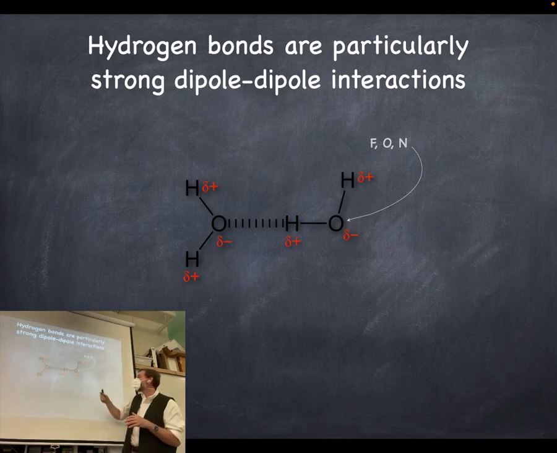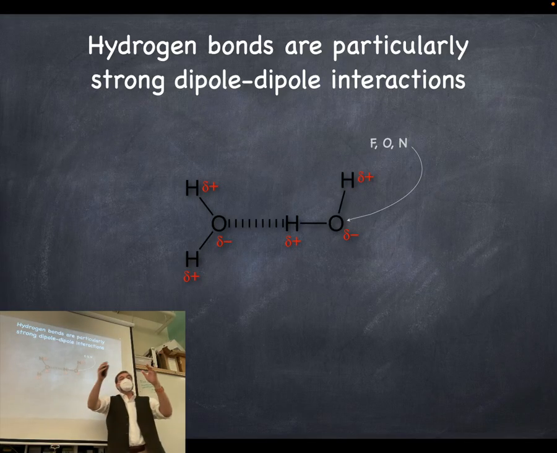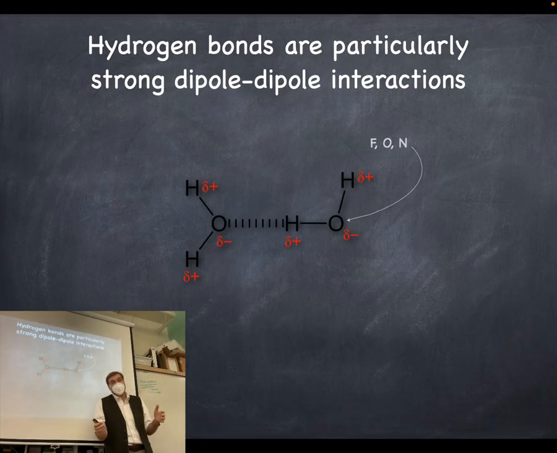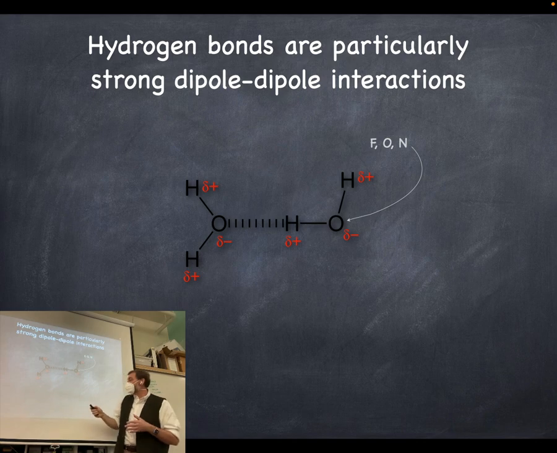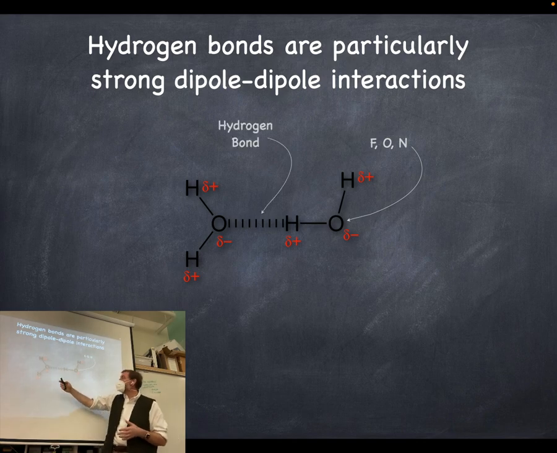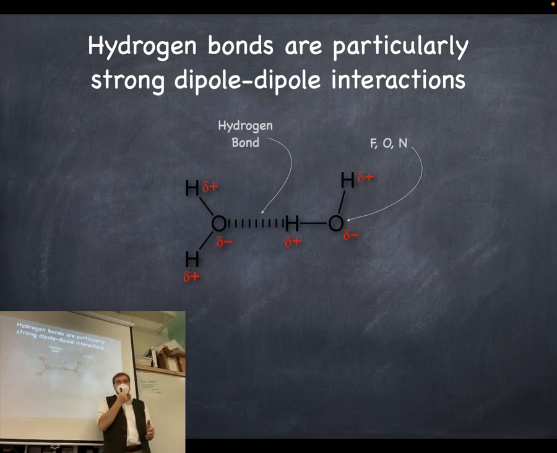And that gives us a very strong positive charge. All right? So what that means is that if this very strongly positive hydrogen is exposed or can interact with a fluorine, oxygen, or nitrogen primarily, but sometimes other substances, then you get this particularly strong intermolecular force, this particularly strong dipole-dipole interaction that we call a hydrogen bond.